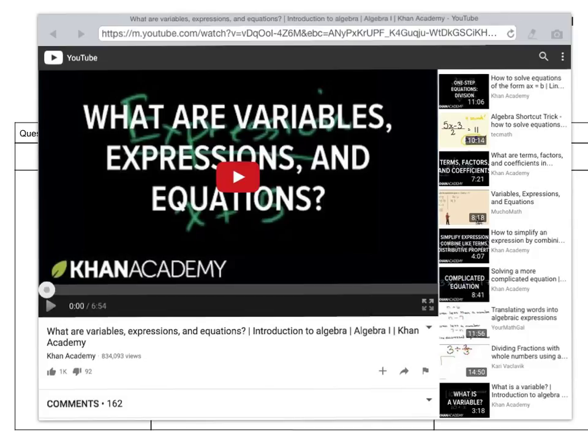What plus 3 is equal to 1? Negative 2 plus 3 is equal to 1. So in this context, an equation is starting to constrain what value this variable can take on. But it doesn't have to constrain it as much. You could have something like x plus y plus z is equal to 5.